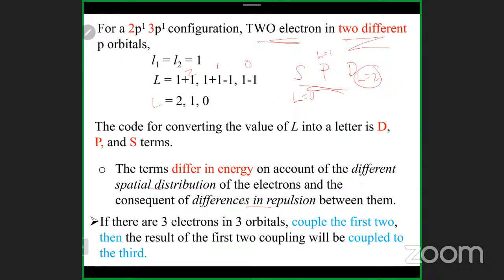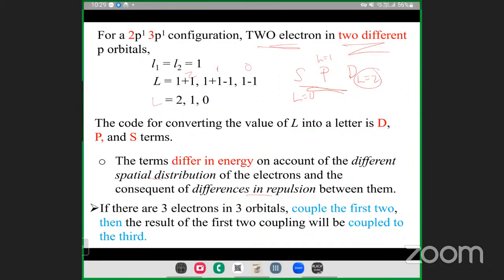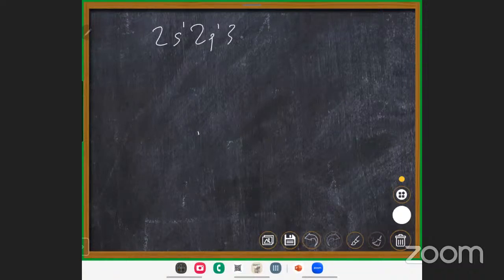If there are 3 electrons, then you talk about L1 plus L2 plus L3, up to a certain rule. So you couple the first two first, and then you couple the result of the two with the third one. Say for example, it's 2s1, 2p1, 3p1.